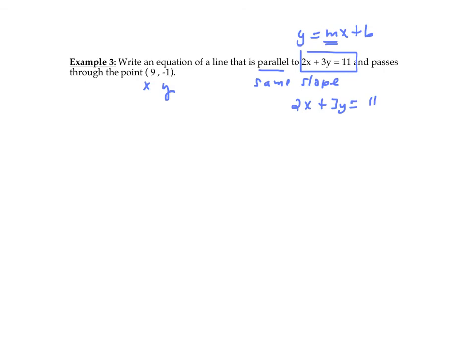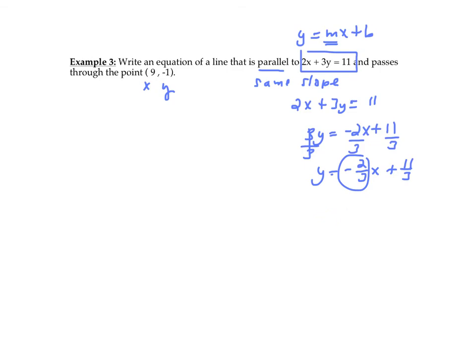Okay, so subtract the 2x from both sides, you get 3y equals negative 2x plus 11, and then take and divide everything by 3. Okay, so you get y equals negative 2/3 x plus 11/3. So the slope that we want to use is negative 2/3.